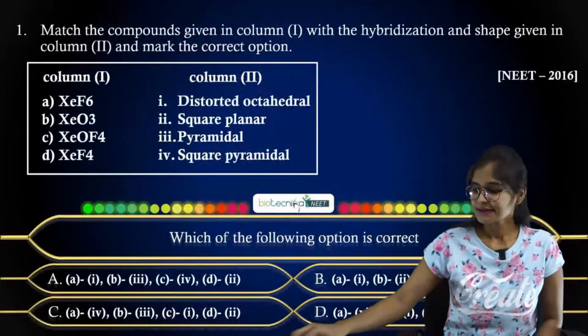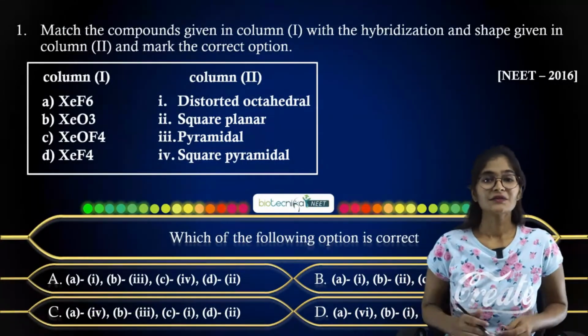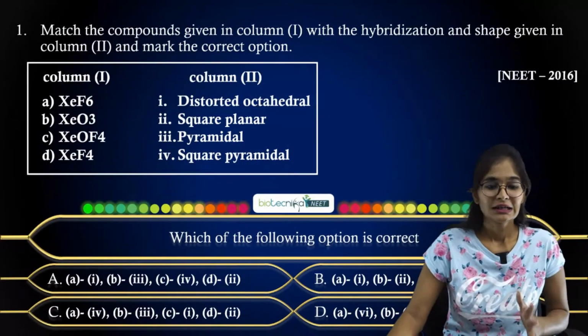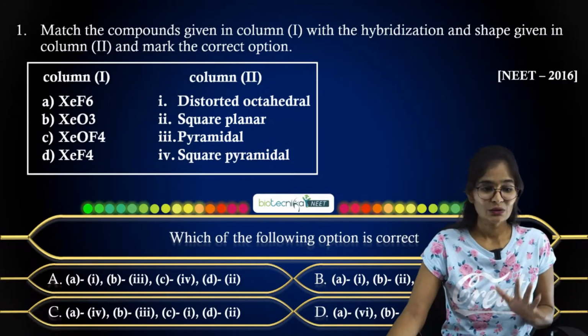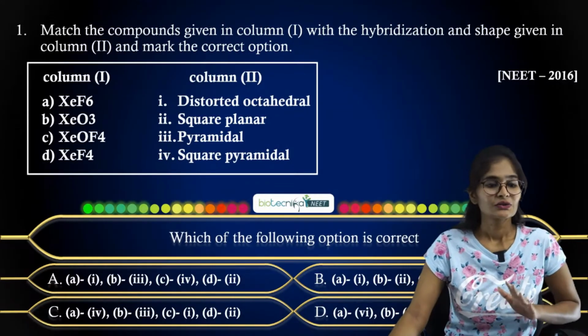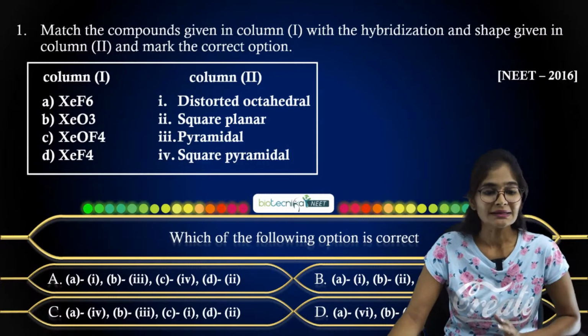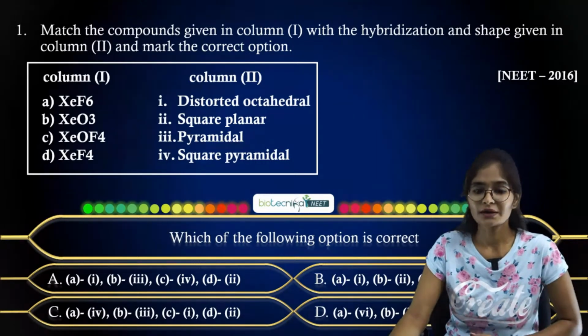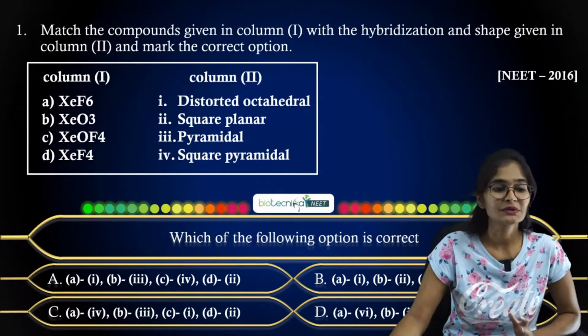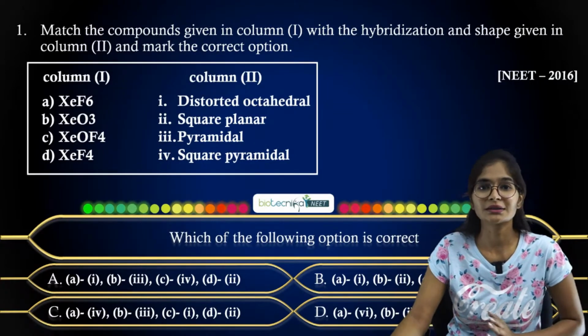Okay, and just let me start with the first question, that is regarding XeF6, XeO3, XeOF4, XeF4 structures. The question is like this: match the compounds given in column 1 with the hybridization and shapes given in column 2 and mark the correct options.